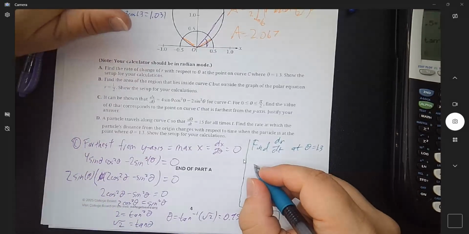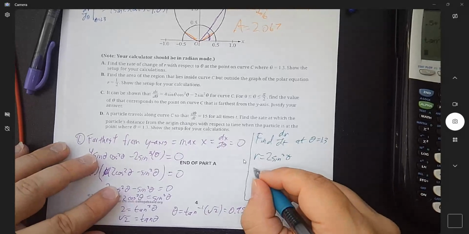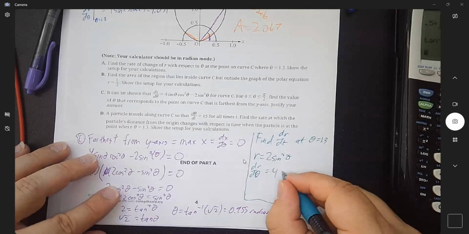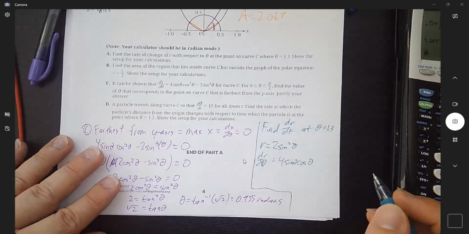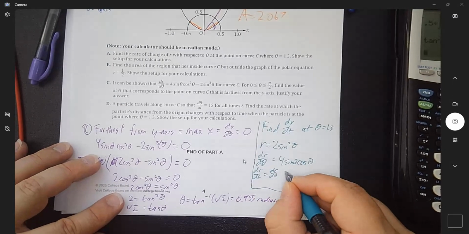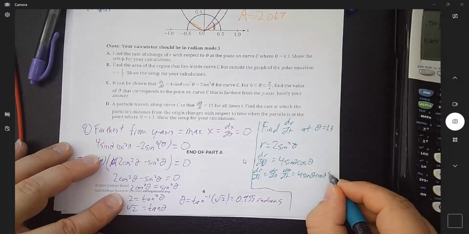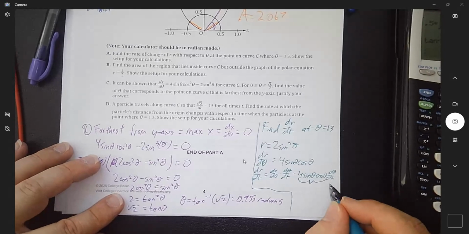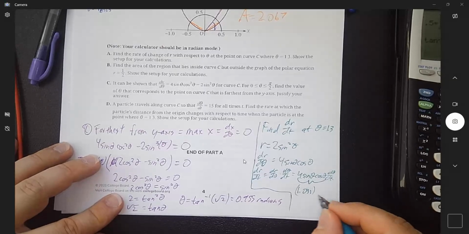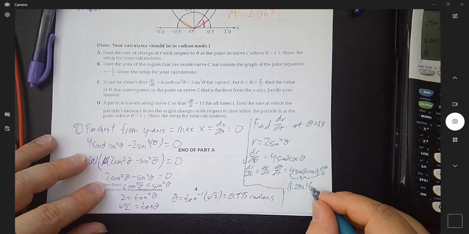Here r is 2 sin²θ, and we already found dr/dθ is 4 sin θ cos θ. So dr/dt is dr/dθ times dθ/dt, which is 4 sin θ cos θ dθ/dt. All this we already found as 1.031 from part A. And dθ/dt, we're told, is 15.